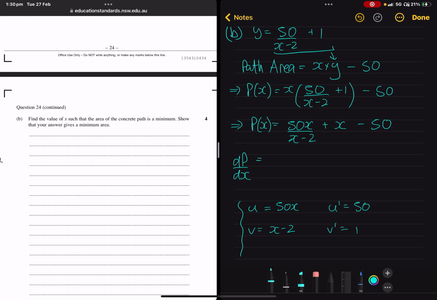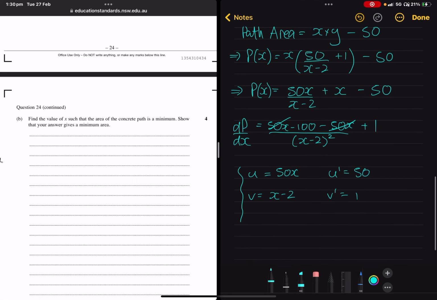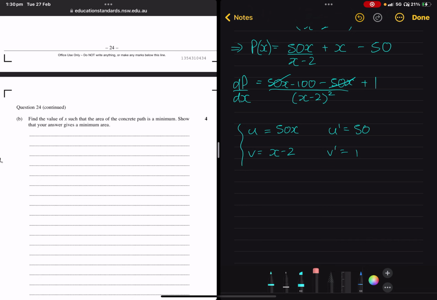So u prime times v is going to be 50x minus 100, minus u times v prime, which will be minus 50x, over v squared, which will be x minus 2 squared. The x becomes a 1 and the 50 goes away. So these two 50x's cancel. So this implies that dp dx is actually equal to minus 100 over x minus 2 squared.